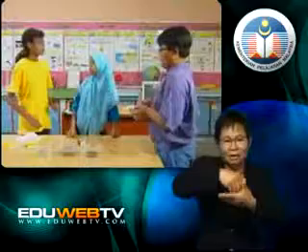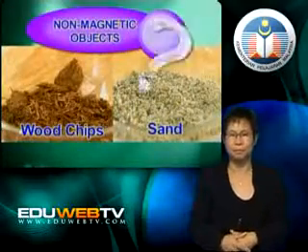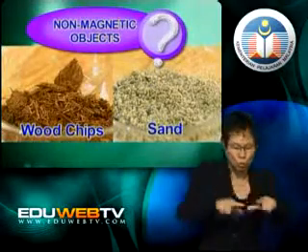Hey, what about the wood chips and sand? Wood chips and sand are non-magnetic objects. We cannot use a magnet to separate them. We can use a sieve to separate the wood chip and sand. Let me try.